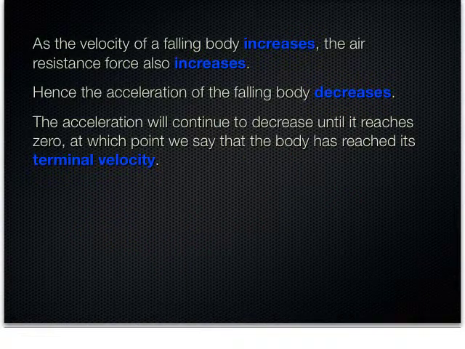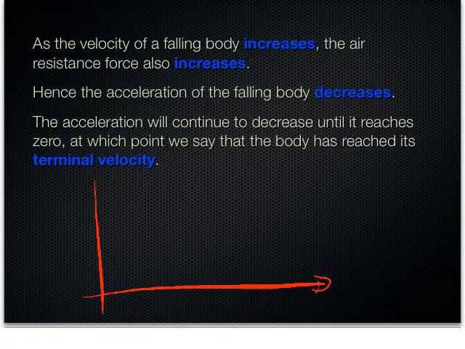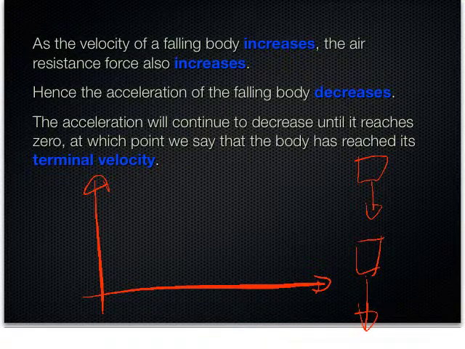So, if we started talking about air resistance, then as you increase your speed, as we're falling down and we're getting faster, the force of air resistance gets larger, okay?